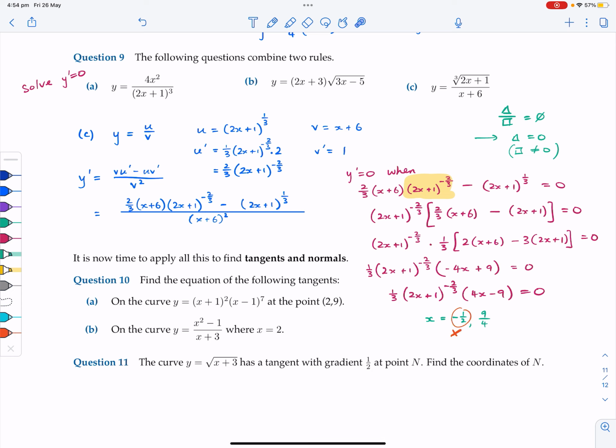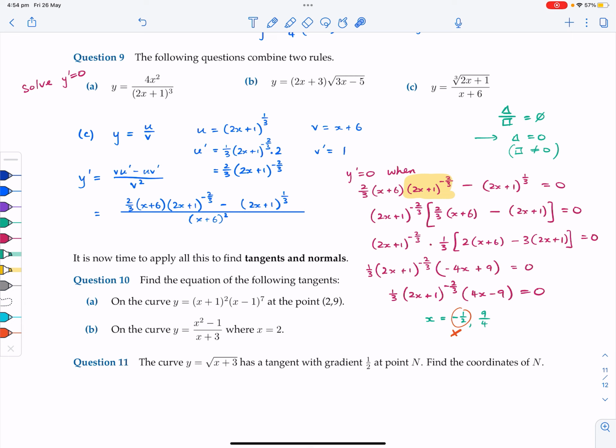And I'm doing this whole thing so that you can learn this subtlety. This thing here has a negative index, which means it's on the bottom of a fraction, right? So if we put negative 1/2 in here, then yeah, we can get this to be 0, but then we'll be putting that 0 on the bottom of a fraction. So this negative 1/2 is not a good solution.